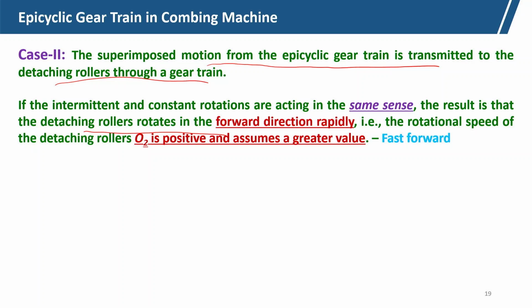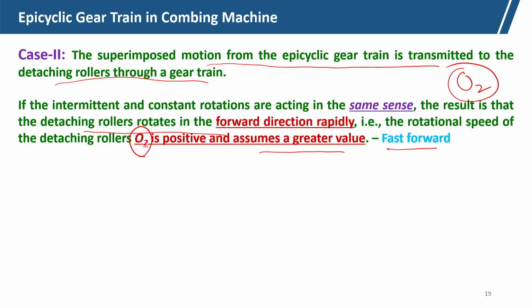The rotational speed of the detaching roller here is O2, which is positive and assumes a greater value, that is fast forward speed.